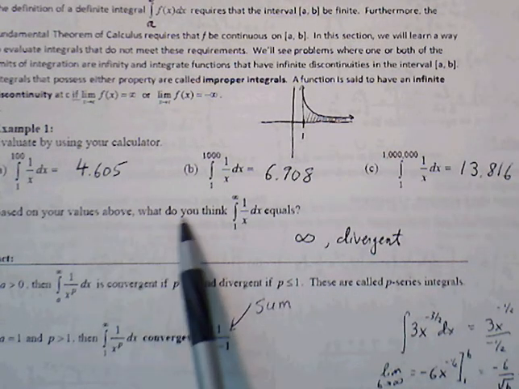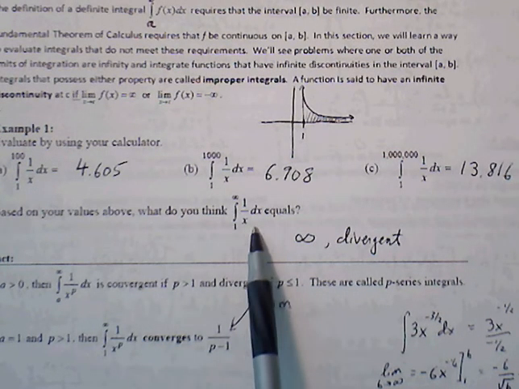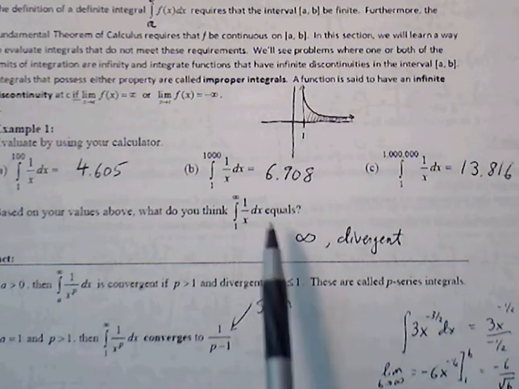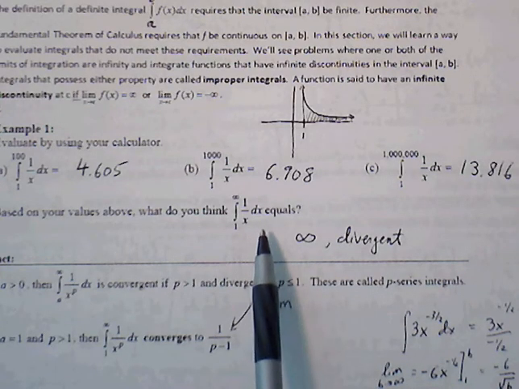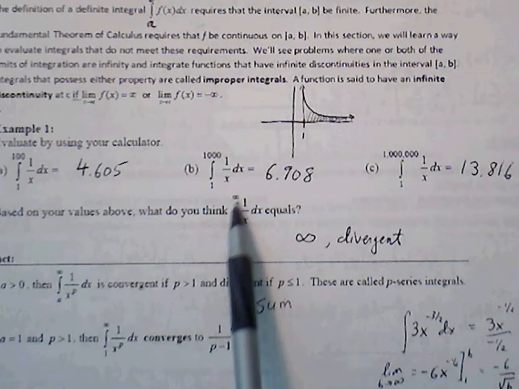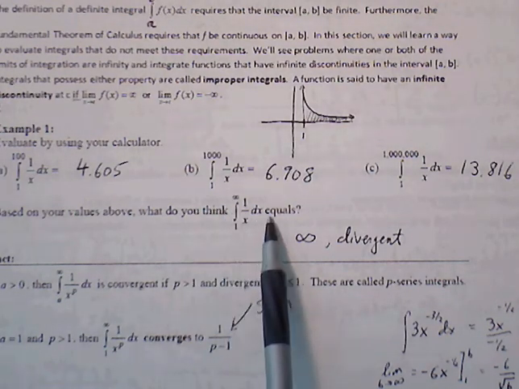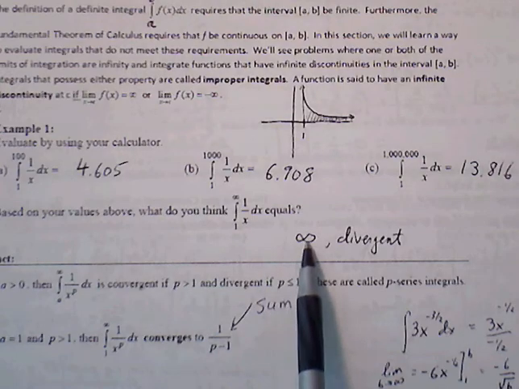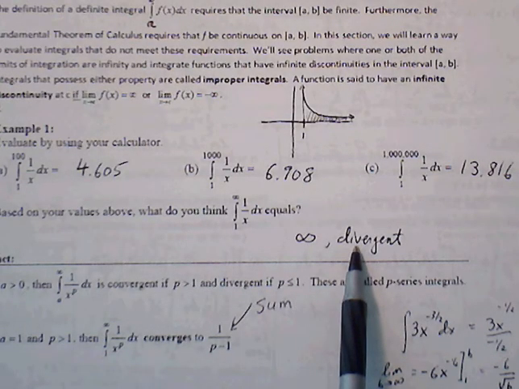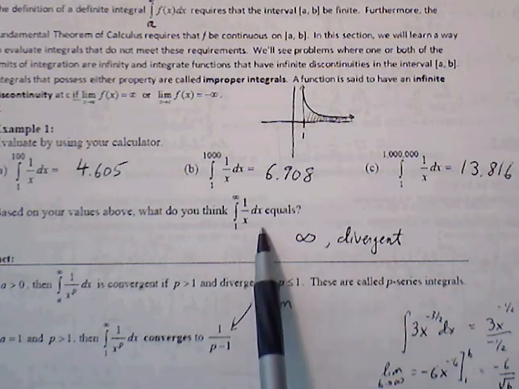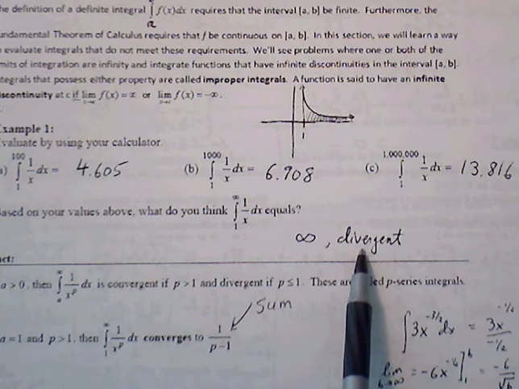So based on the values above, our guess of what's happening if we were to go from 1 to infinity is that this will go to infinity, that this sum will not converge at a particular value, but will be divergent.